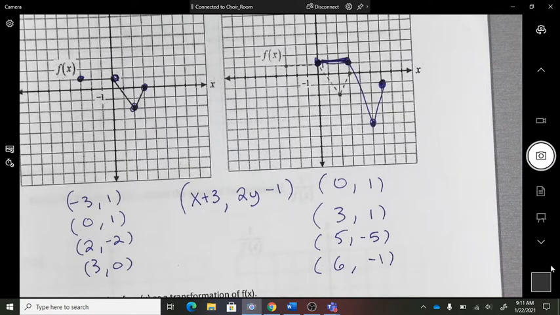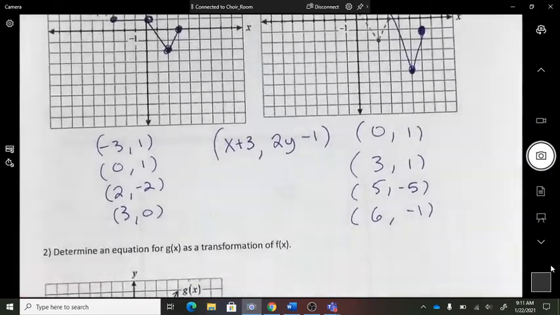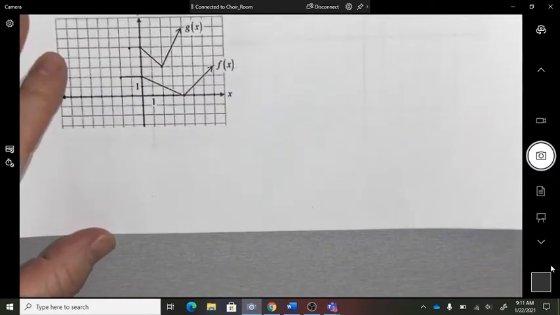Did you pull it apart? Yeah, so it got bigger that way vertically, and then you shifted it right and down. Does it look like that stuff happened? Okay.